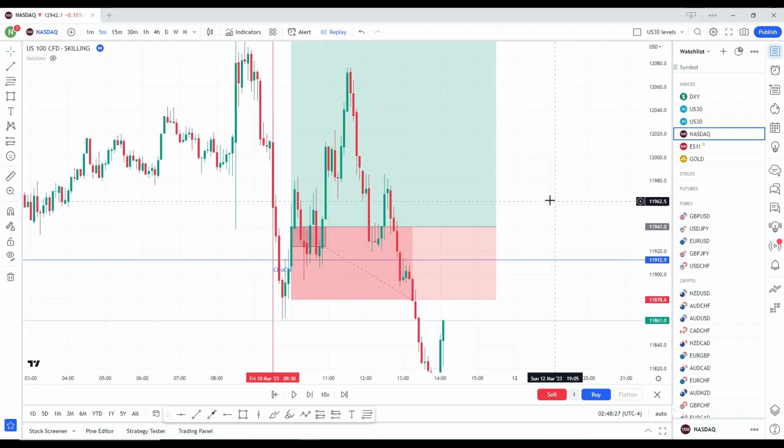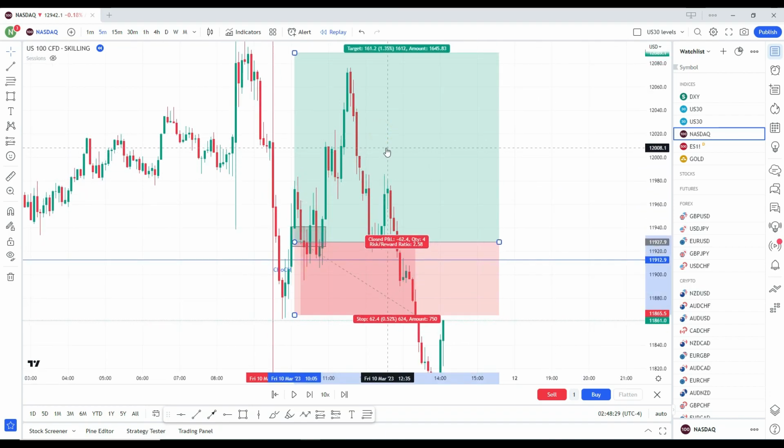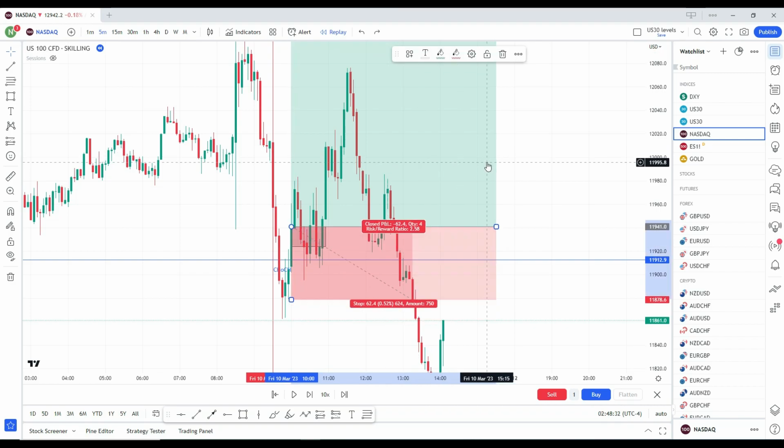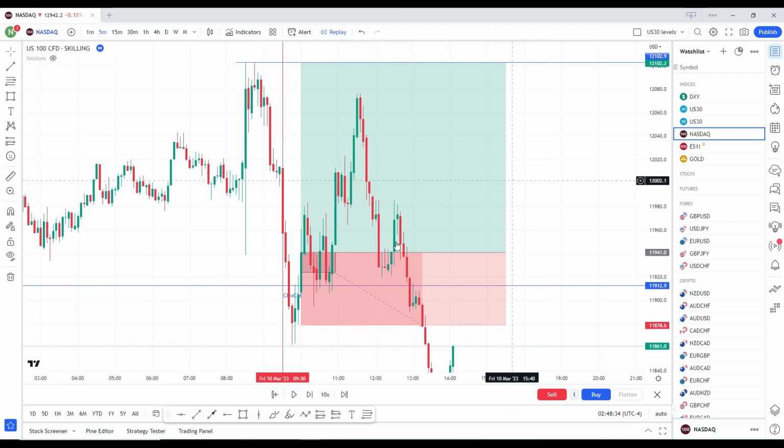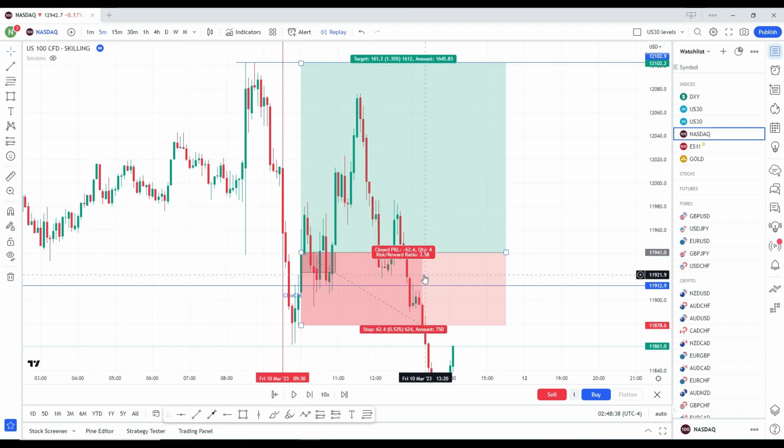So unfortunately this time we were stopped out. Our trade hit stop loss, but it was a good setup. It never managed to reach this high, but it was a good trade.